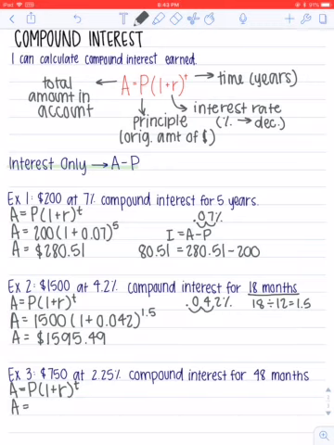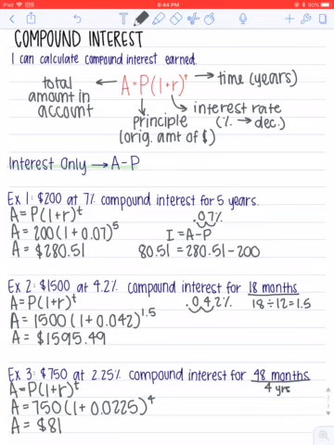So our principal, $750, 1 plus our rate of 2 2/25 percent, which would be 0.0225. 48 months would be 4 years. So I raise that to the power of 4. And when I plug this into my calculator, I get $819.81.